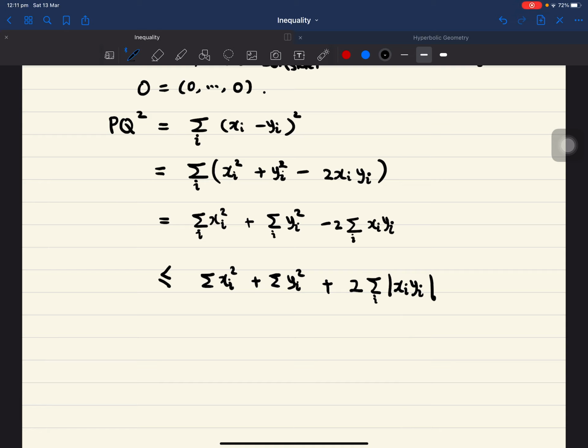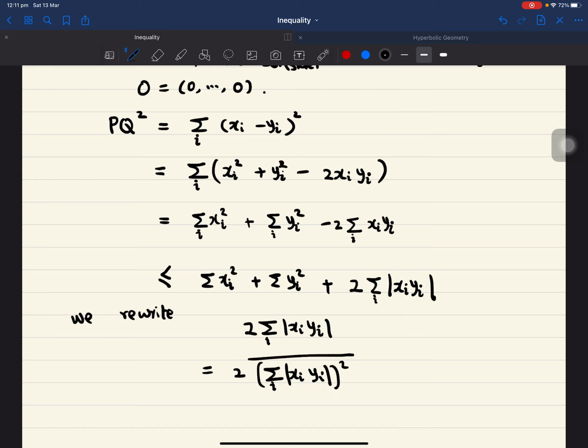Now we need to rewrite that a little bit. Rewrite the sum of xiyi as 2 times the absolute value of the sum of xiyi, all squared, and then taking the square root.